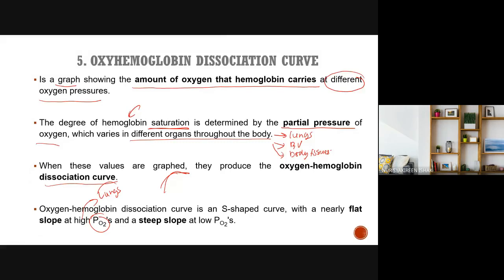Hemoglobin bila dia lalu dekat lung, so dia akan bind dengan oxygen, so obviously dia akan saturate dengan oxygen. So that's why dia akan reach flat kat sini, saturated. Okay, and a steep slope at low partial pressure of oxygen. So low pressure of oxygen, obviously it occurs at your body tissues, kan, that requires the oxygen.